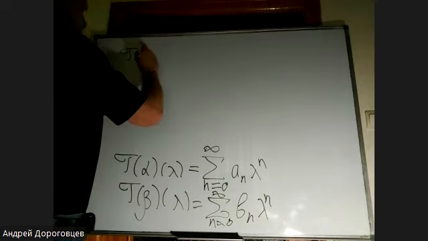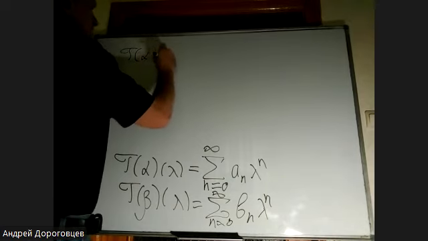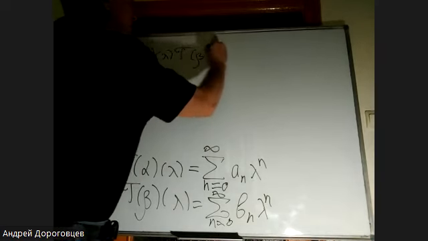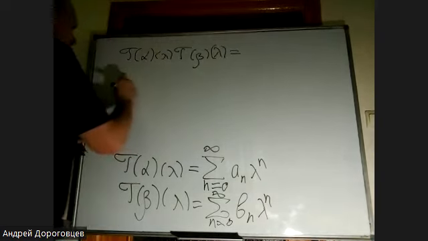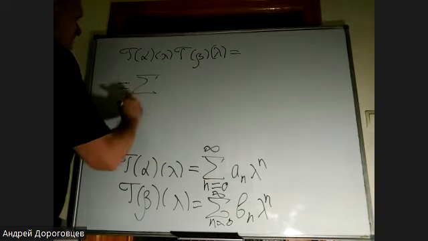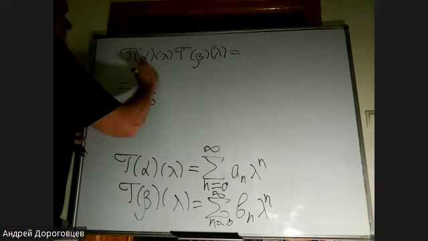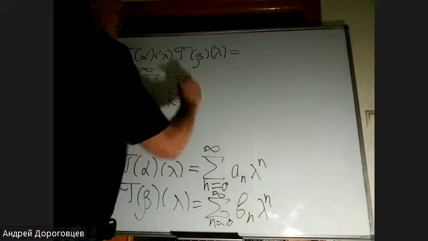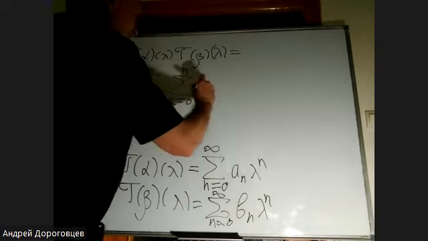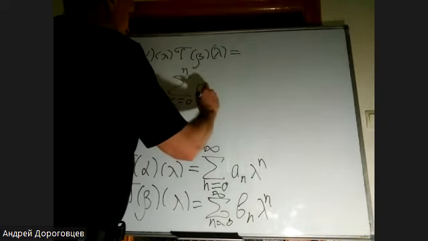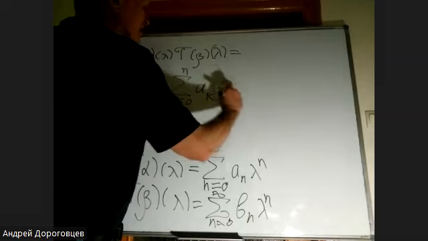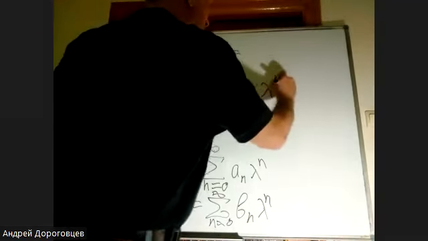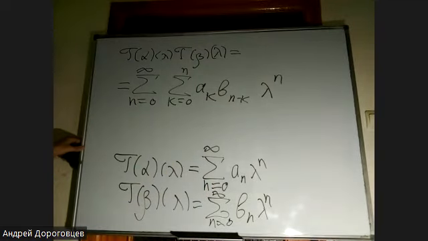So the product of τ_α(λ) and τ_β(λ) is equal to the sum from n equals 0 to infinity, of the sum from k equals 0 to n, of a_k b_{n−k}, multiplied by λ to the power n.